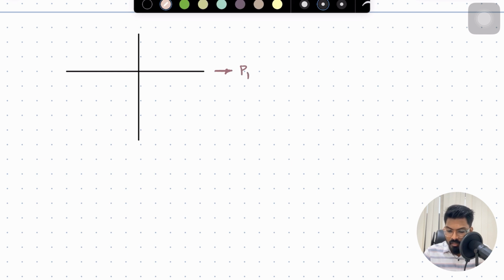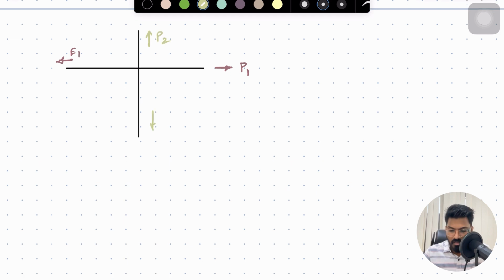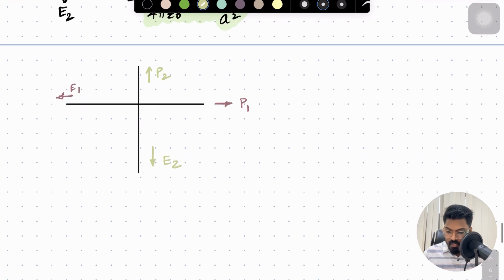The electric field due to that would be E1, which will be acting in this direction. Then the other dipole moment is acting in this direction, that is P2. The electric field due to that would be acting downwards, that is E2. Now if you look at it, we have a setup like this. So the resultant is going to act in this direction.